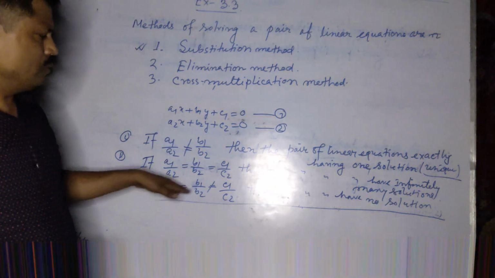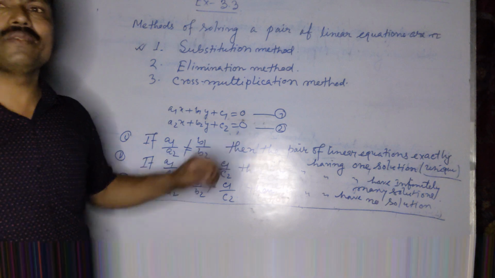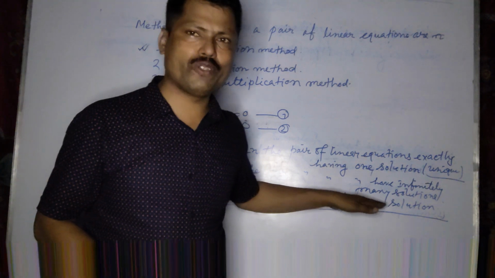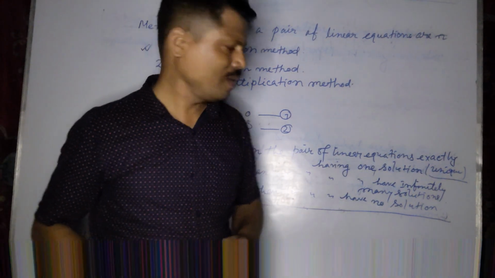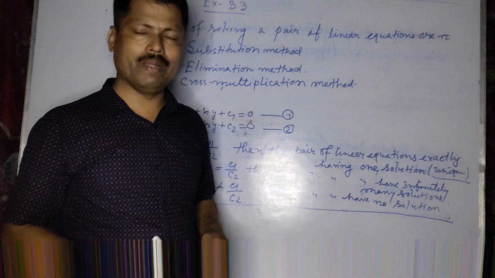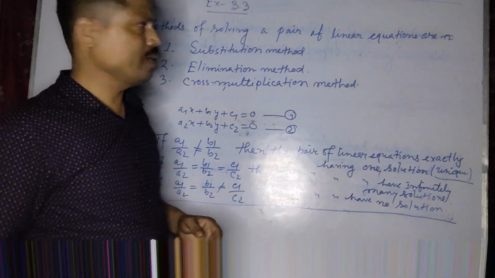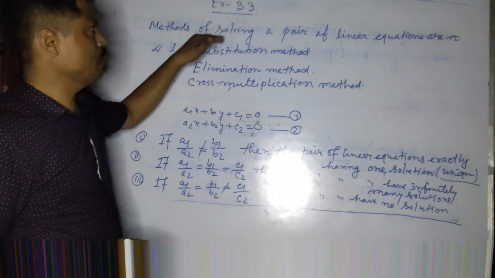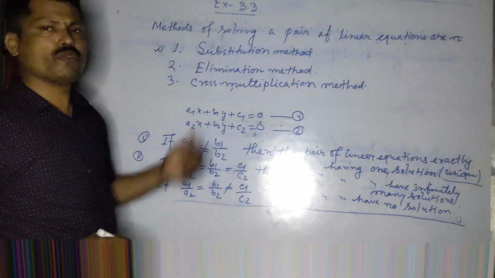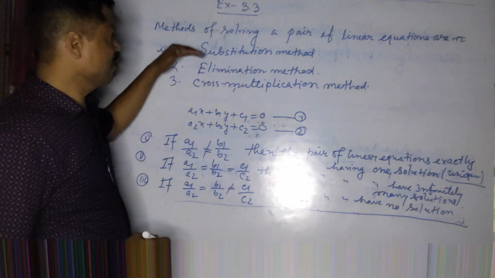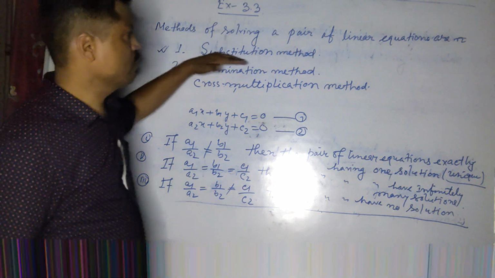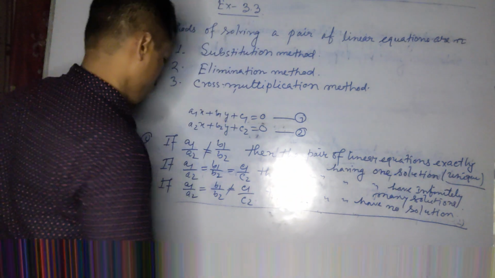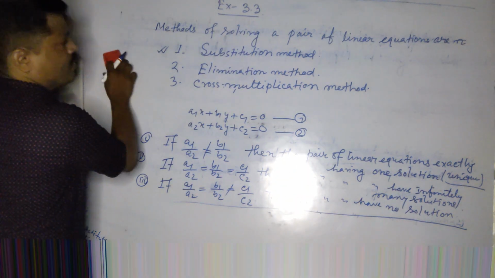If a1 by a2 is equal to b1 by b2 not equal to c1 by c2, the pair has no solutions. So let's start today's exercise 3.3, where we apply the substitution method to solve pairs of linear equations.